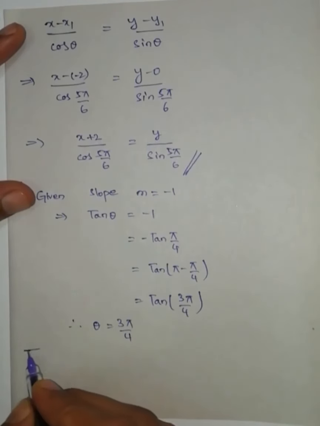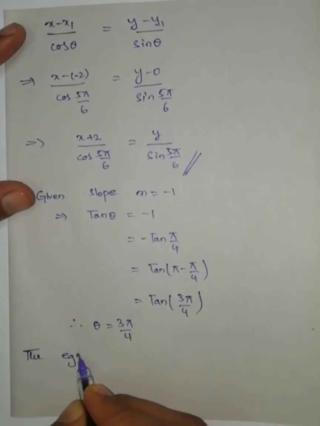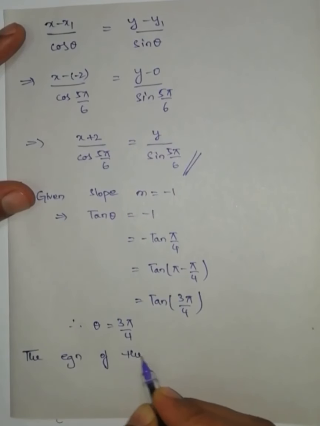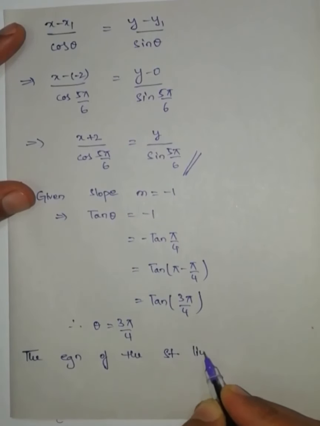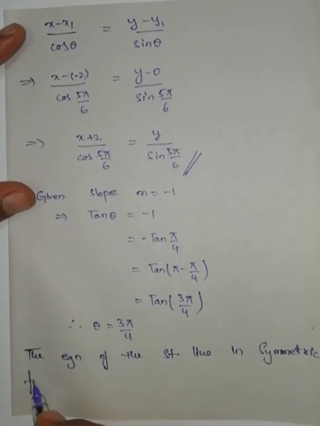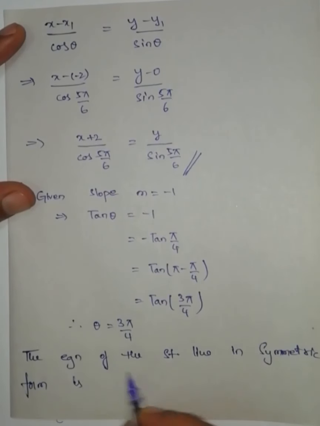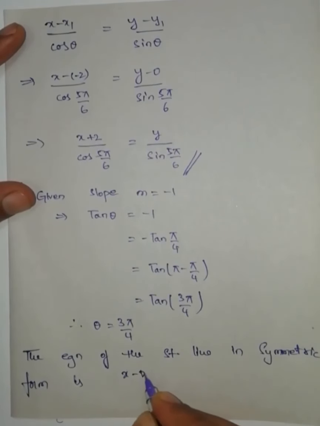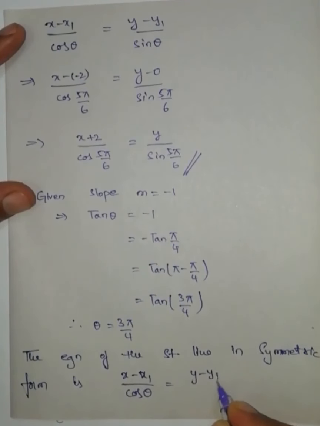Now, the equation of the straight line in symmetric form is (x minus x1)/cos theta is equal to (y minus y1)/sin theta.